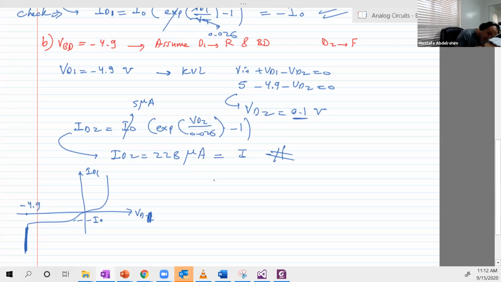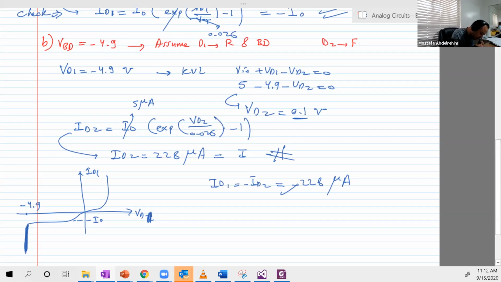We know that ID1 is equal to minus ID2, so it will be minus 228 microamps. It's negative, that's very fine. How about the other condition?